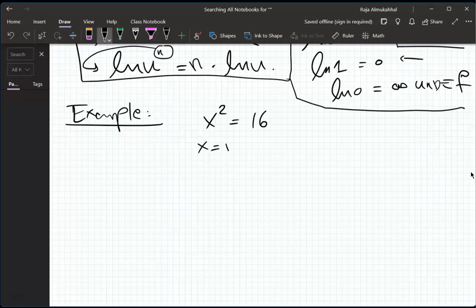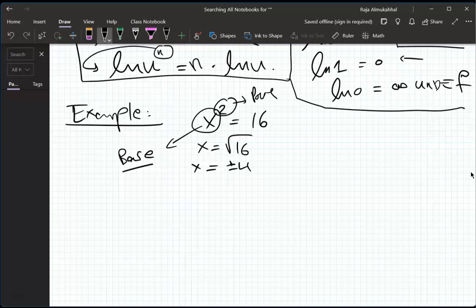You just say x equals square root of 16, so x equals plus or minus 4, right? That's basically how you solve it. The reason that you're able to solve it easily is because the variable that you're dealing with here is a base. See that? This is a base. And the power is a number that you know, 2.